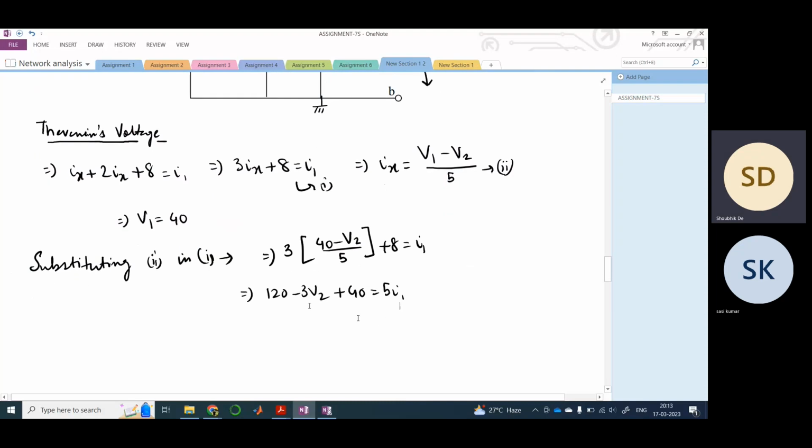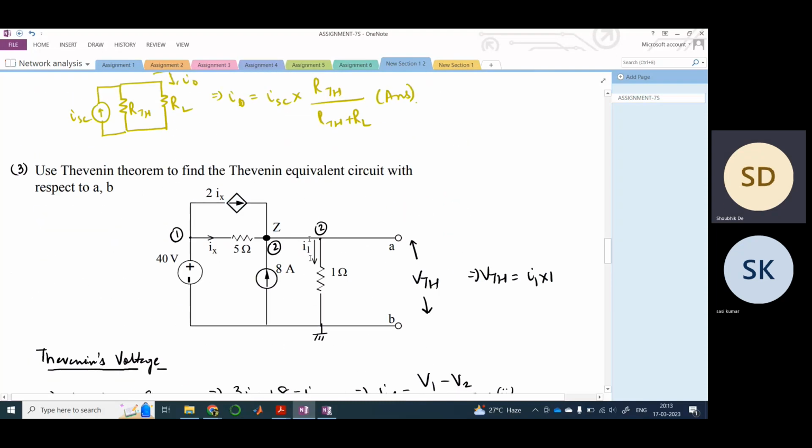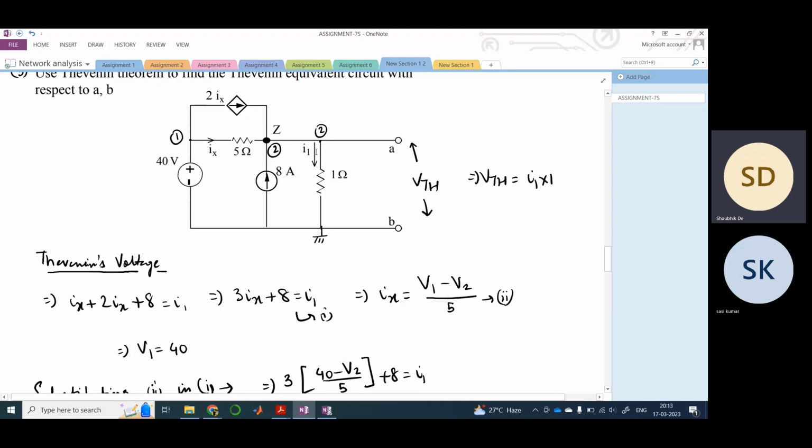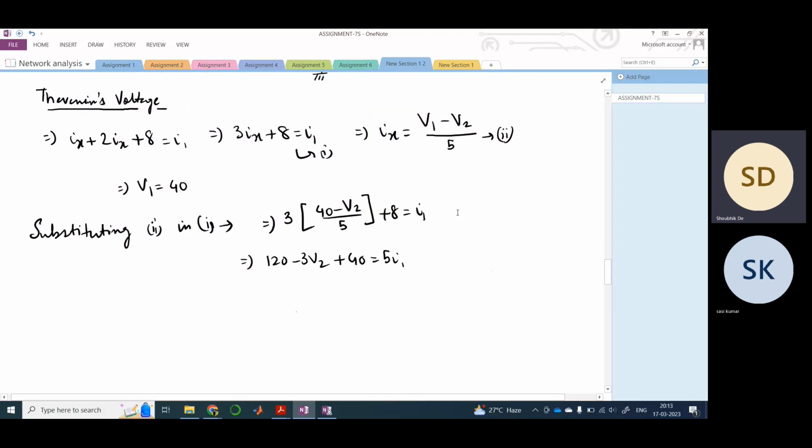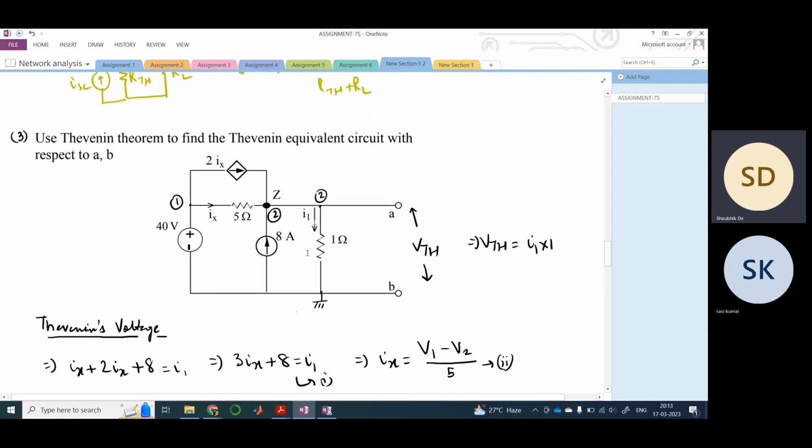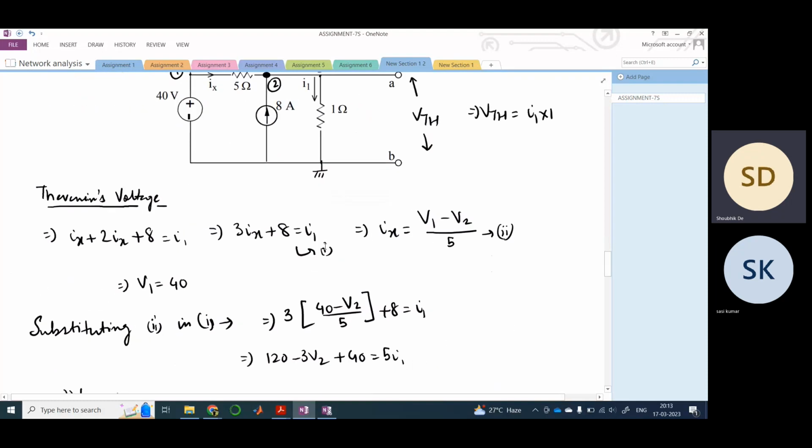Right. So what is V2? V2 is nothing but the voltage drop across this resistance, right? So V2 is nothing but I1 into 1. It is pretty simple, right? Because the voltage across this node is V2, and this 1 ohm resistance is connected between node 2 and ground, and through this 1 ohm resistance, I1 current is flowing.